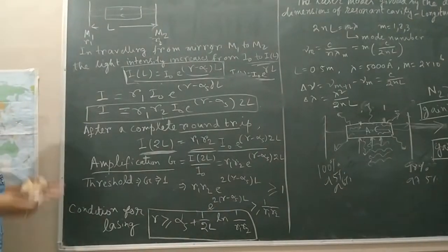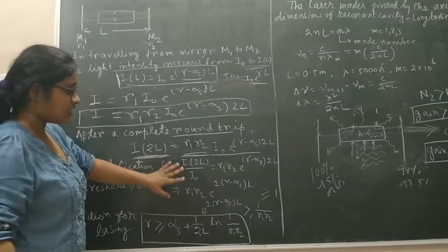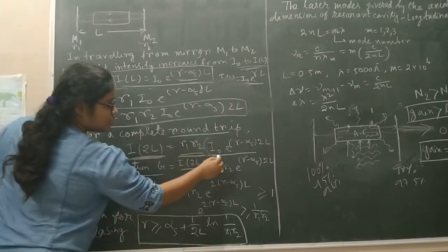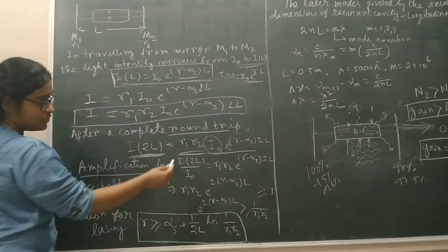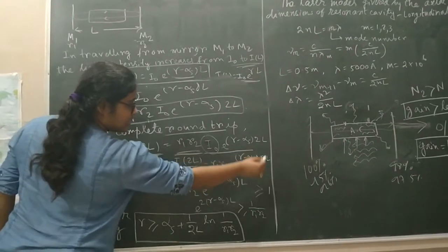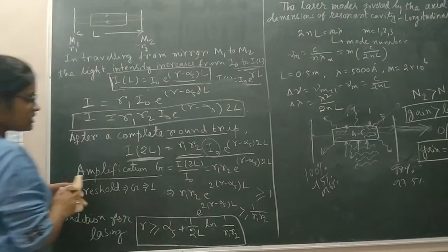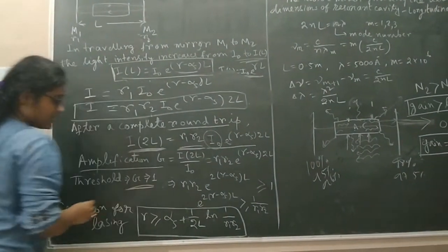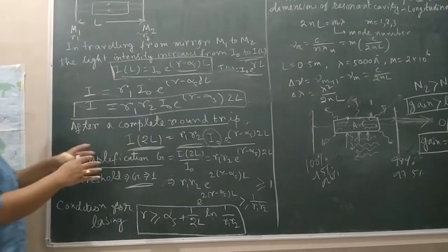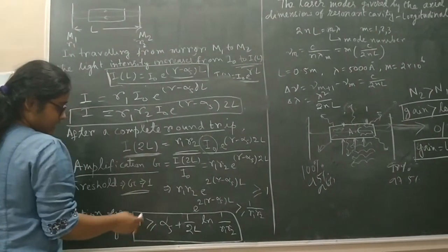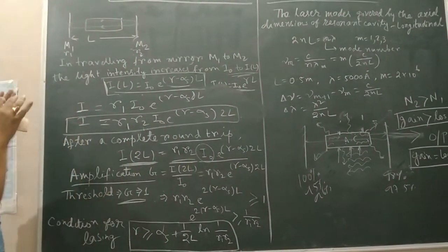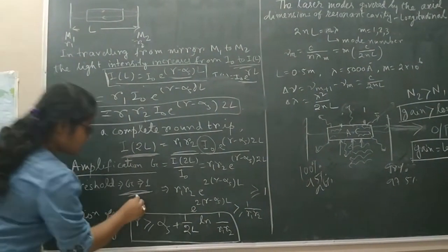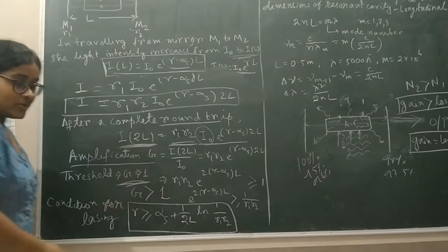The amplification factor is the amplified signal divided by the initial signal, so I2L divided by I0, where I0 cancels out, giving G equals R1 R2 e to the power gamma minus alpha s, times 2L. Now the threshold condition, the minimum condition for lasing, is that G equals 1, that is, gain equals loss. To get a laser, the gain condition should be greater than 1.